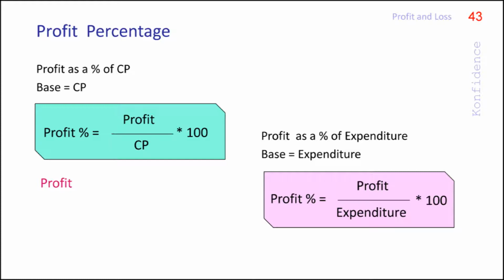Now, the numerator of these expressions is profit. What is profit? It is SP minus CP, selling price minus cost price. Or it could be I minus E, income minus expenditure.